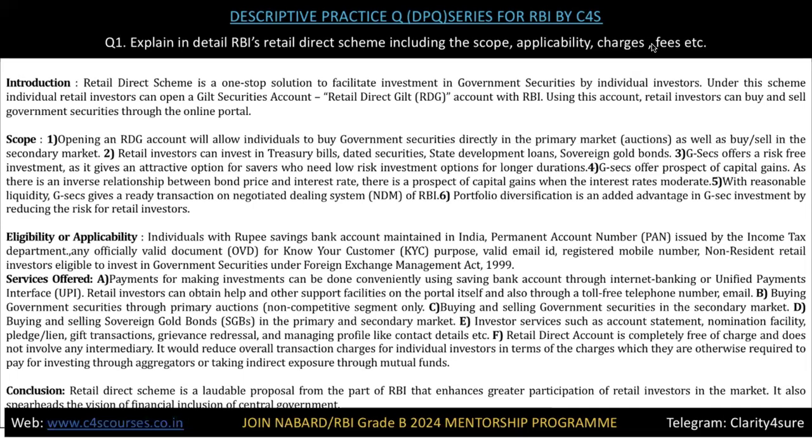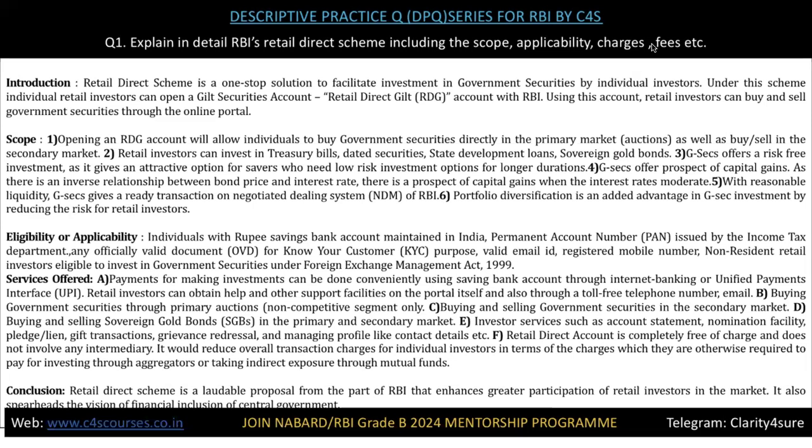Now, when we see this question, you can divide it into a few parts. First, you have to give a small introduction about what exactly the scheme is, that is, RBI's Retail Direct Scheme. Then it is asking about the scope and the eligibility or applicability of the scheme.